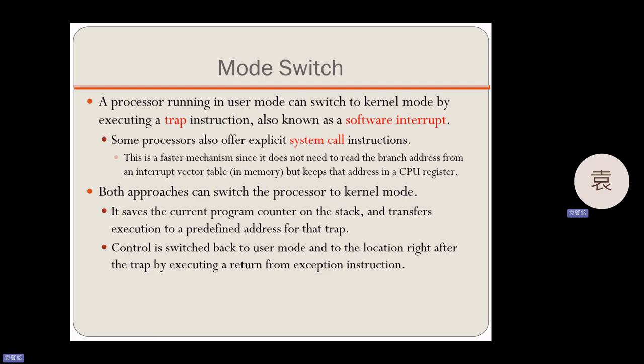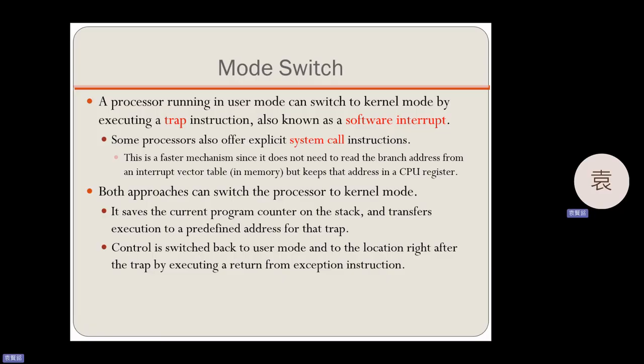It goes through the interrupt vector and fetches the starting address for that particular service, and then goes to the corresponding service routine according to the address stored in the interrupt vector table. So that's the trap instruction.